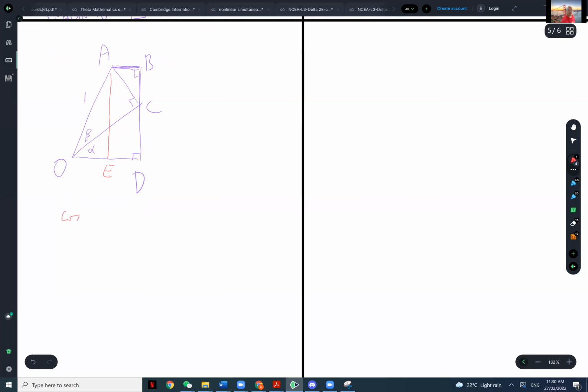What's cos(alpha plus beta) in the diagram? What's cos alpha cos beta in the diagram? Guys, message me. We still try to use line segments. What's cos(alpha plus beta)?